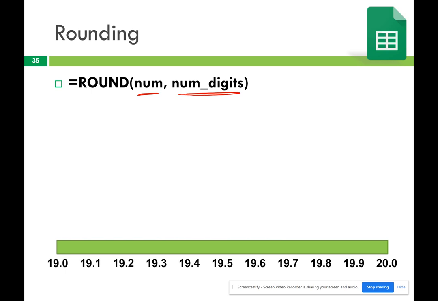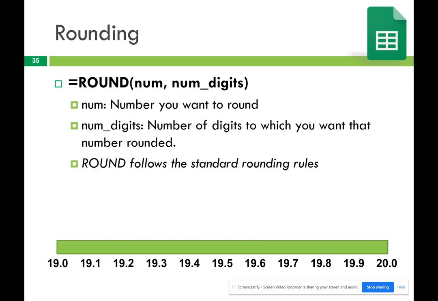Really, how many decimal places would you like me to round? 2 decimal places, 4 decimal places, whole numbers. So the name of this first function is round. So the num is the number you would like to actually round, and the number of digits is how many decimal places would you like that number rounded to.